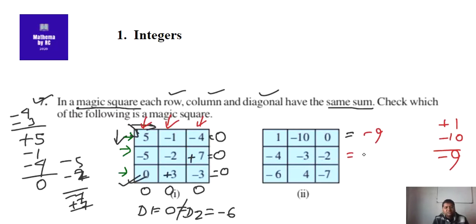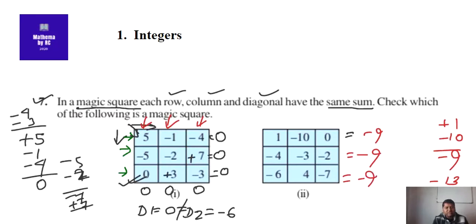Here all are negative, so we sum these three numbers and give the sign minus. So 4 plus 3 is 7, 7 plus 2 is 9, minus 9. Minus 6 minus 7 is minus 13 plus 4, therefore minus 9.